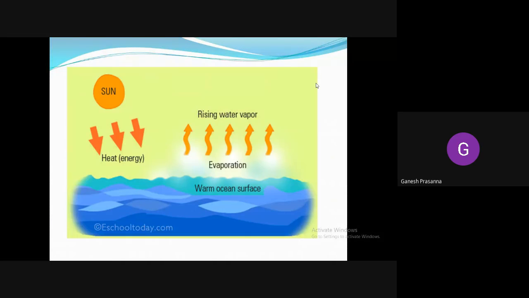Okay, you can see how exactly this evaporation occurs. Whenever the heat, that is energy from the sun, lands directly on the water surface, the warm ocean surfaces, the water starts to get converted into the gaseous state, and the water vapor starts to rise.